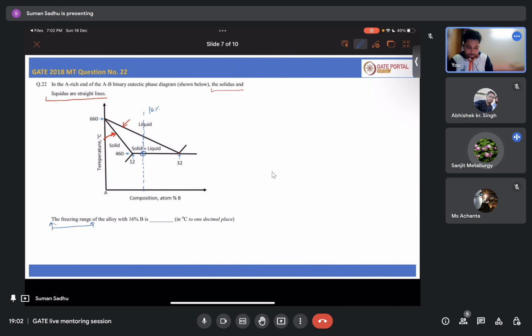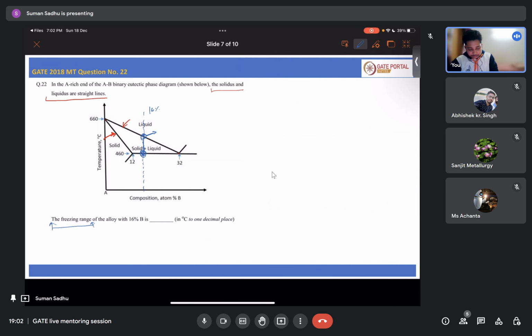Freezing range is the difference between the temperature at which the liquid starts, that means the solid starts forming. Yes, freezing range means the temperature difference from where your liquid started forming solid, giving a solid plus liquid mixture, to the temperature at which solidification is completed.